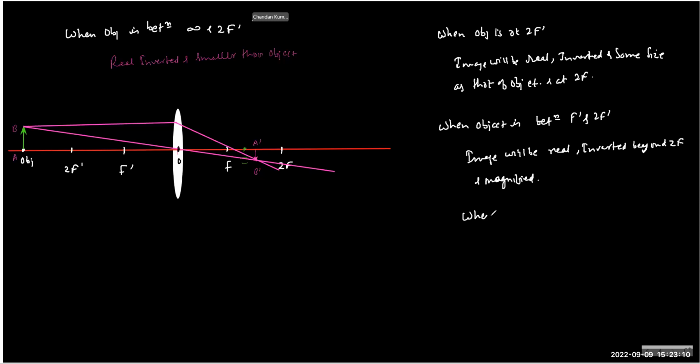And then next is what? When the object is at f dash, the image will be real, inverted, at infinity and highly magnified.